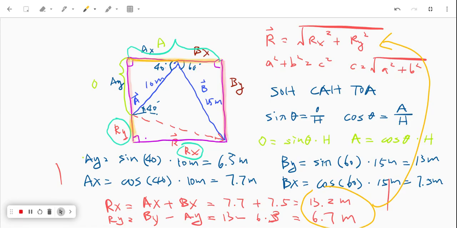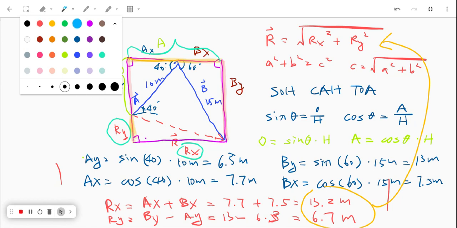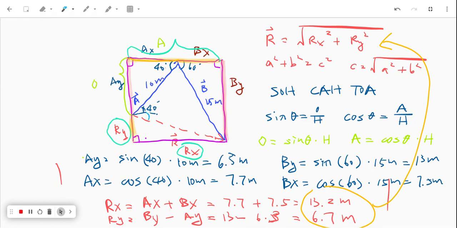Okay? All right, so the last part is finding the direction. Since our angle or direction is going down, what we're looking for is this angle, right? This is our theta. But that theta is not part of the triangle. You know that with parallel sides, the alternate interior angles are the same. So that theta is equivalent to this angle.